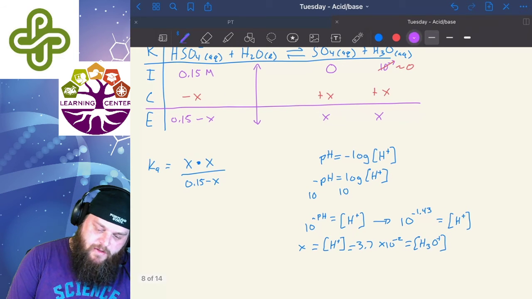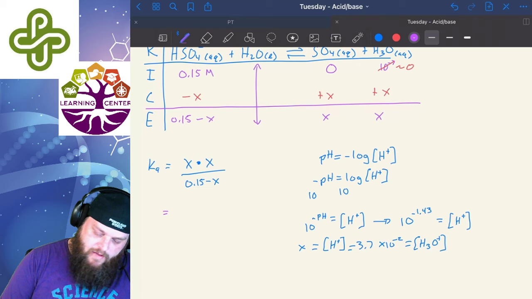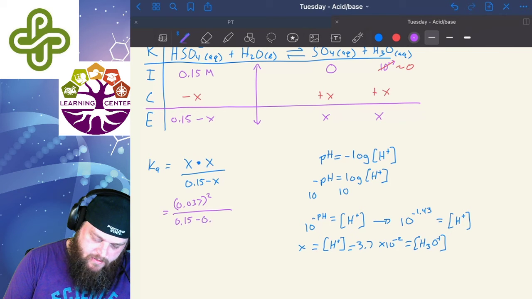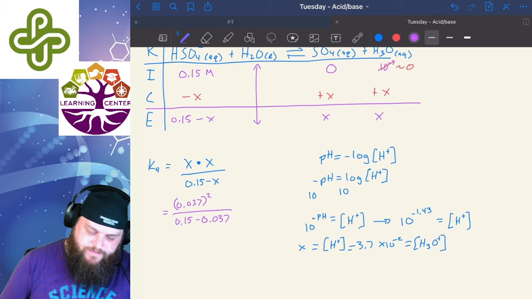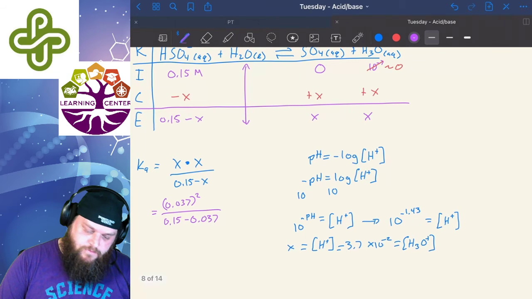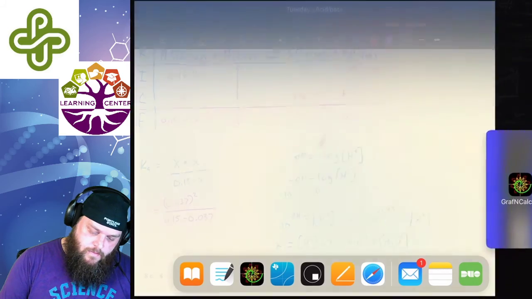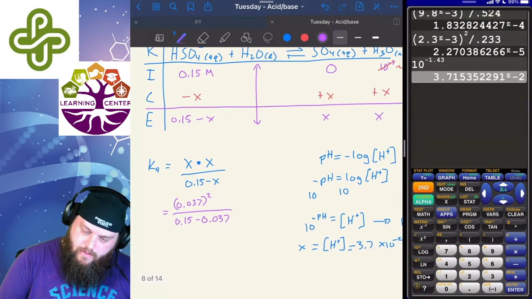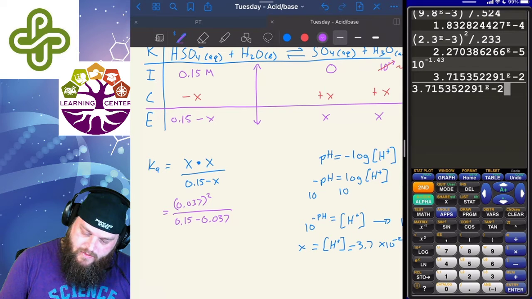So now substituting those values in for x, I'm going to just write this as 0.037 squared divided by 0.15 minus 0.037. And then plugging that into our calculator, we're going to square that value.